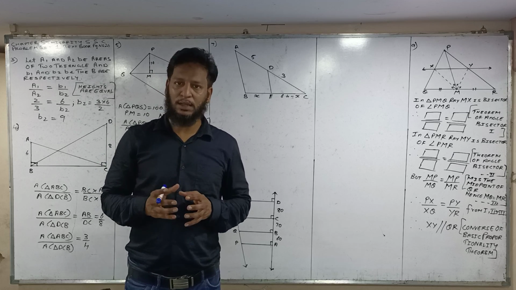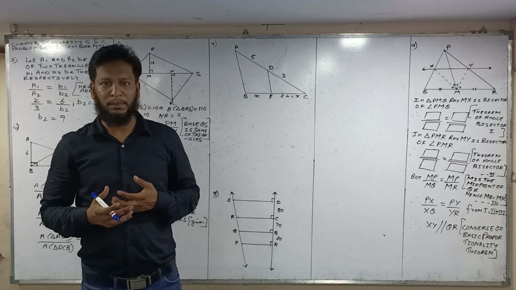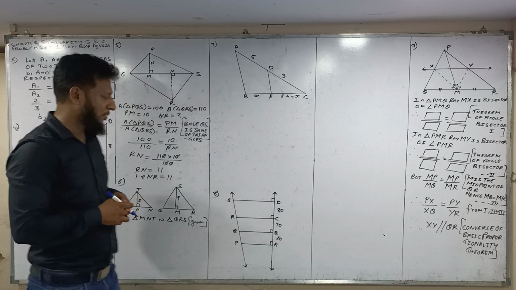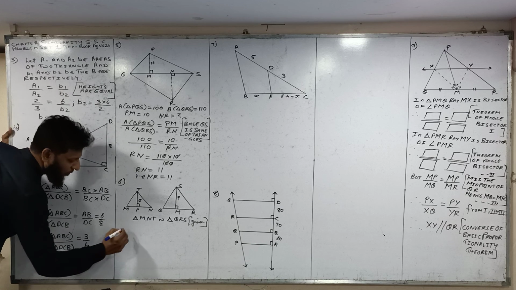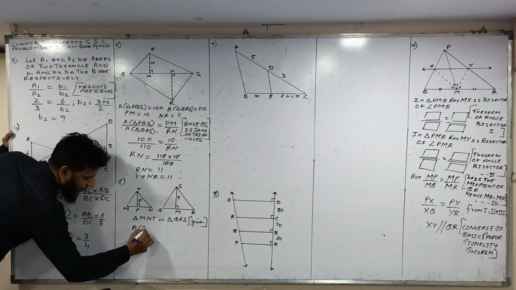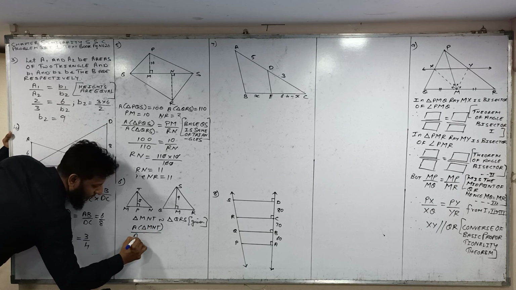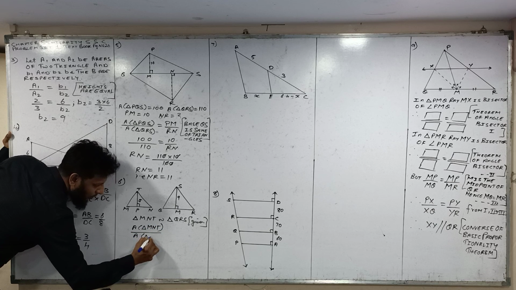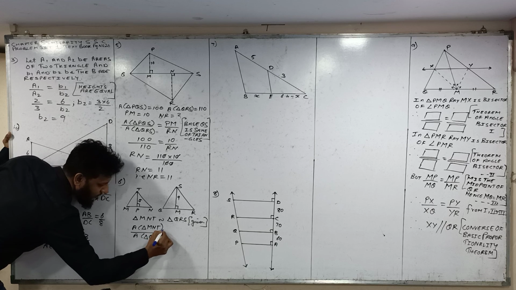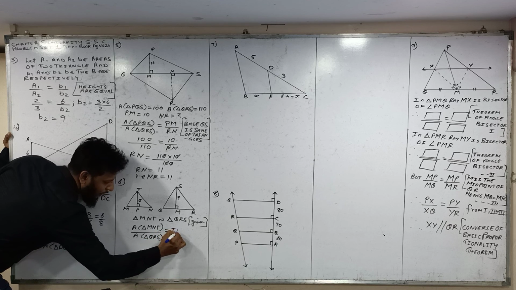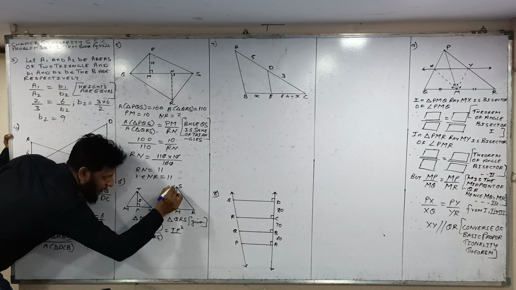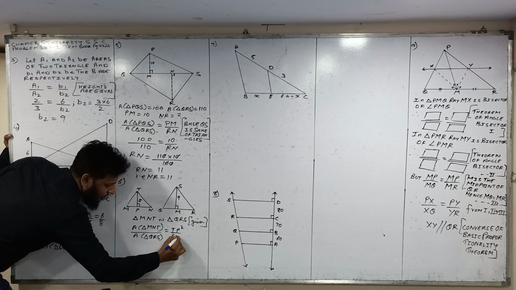So when the triangle height is given and median is given, we can write their corresponding. So area of triangle MNT upon area of triangle QRS, their heights are TP square upon SM square.